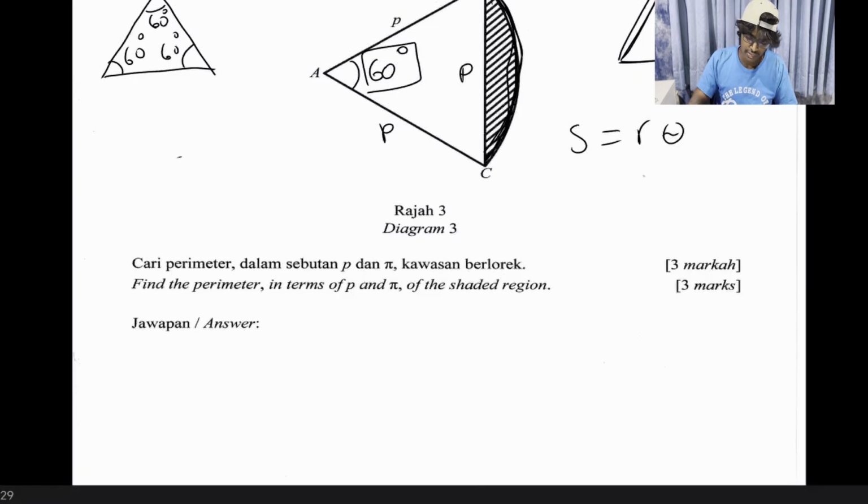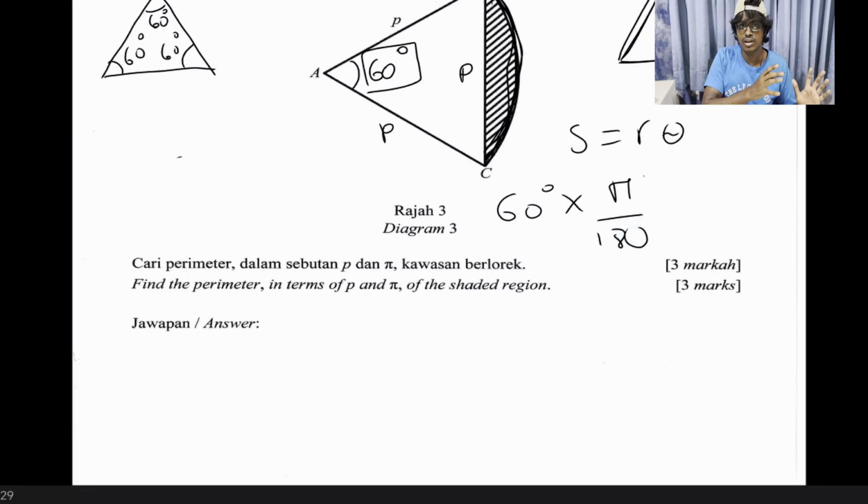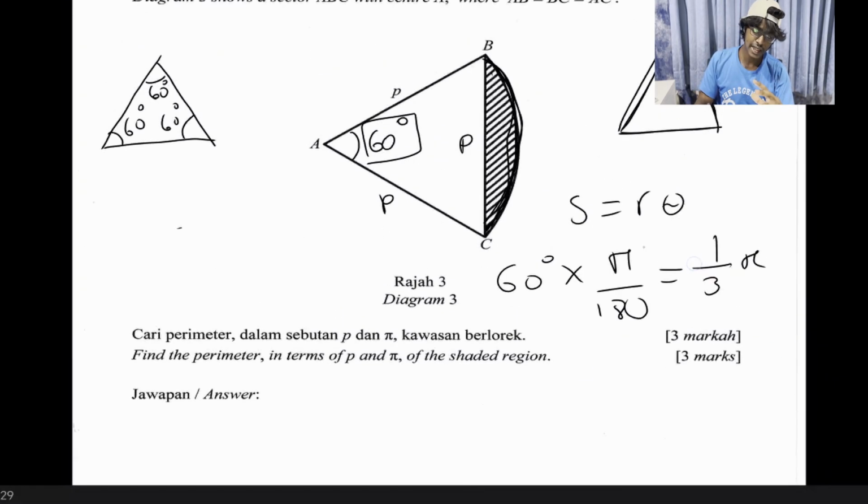How do we do that? 60 degrees times pi over 180. That is the basic formula that you learn to turn degrees into radians. So 60 degrees times pi over 180, you will get 1 over 3 pi. So you get 1 over 3 pi, and that is your radian.